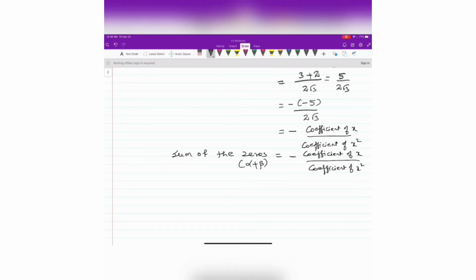See, already you know the sum of the zeros is equal to alpha plus beta is equal to minus b by a, which is nothing but minus coefficient of x by coefficient of x square. That is what we are getting here. So, let me name this result, what we have verified, as 1.